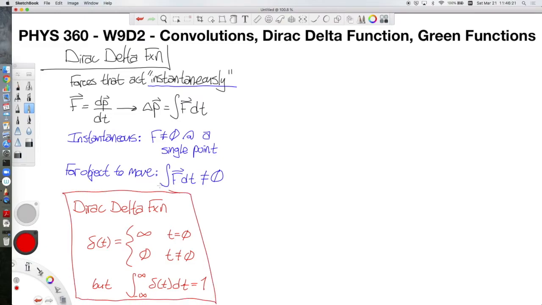So that is what a Dirac delta function is, and we want to think about some helpful uses of this in physics, because there are a ton of uses of the Dirac delta function in physics. But first, we're going to go through some useful relations involving the Dirac delta function.